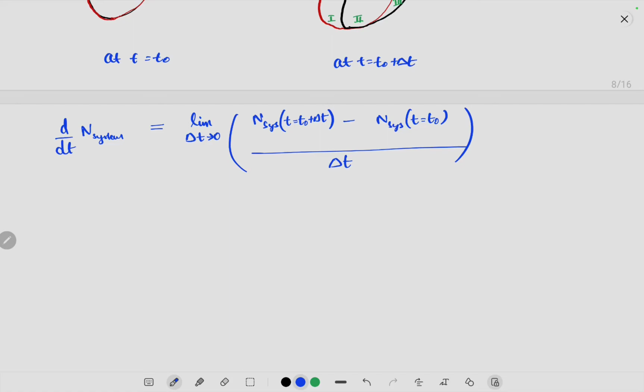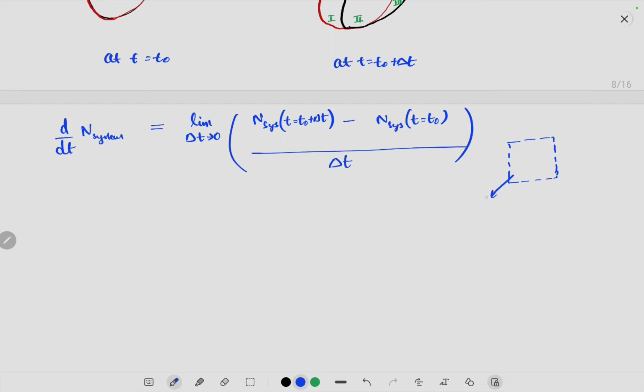Before deriving further, I think I should tell you more about the N system. Let's say my control volume is like this. Control volume is simply an imaginary boundary, right? Let's say there is nothing inside this control volume. It is completely empty. This is a boundary but does not contain anything. So what can I say about N system?